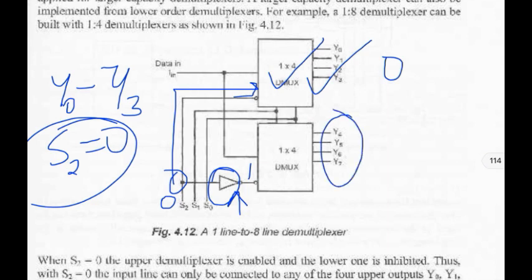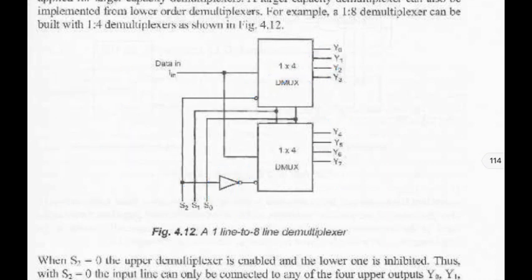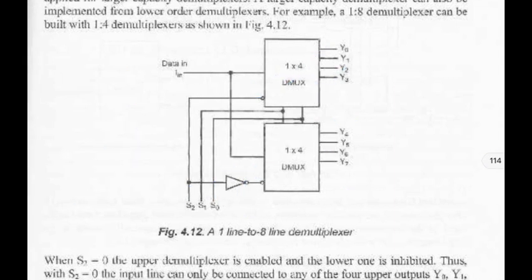Okay? So we are saying that S2 is the one that is going to be inverted to deactivate the lower demultiplexer that represents the higher outputs, whereas this one receives a direct input.